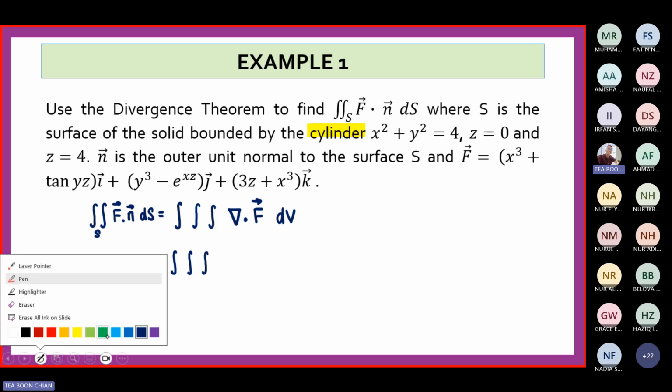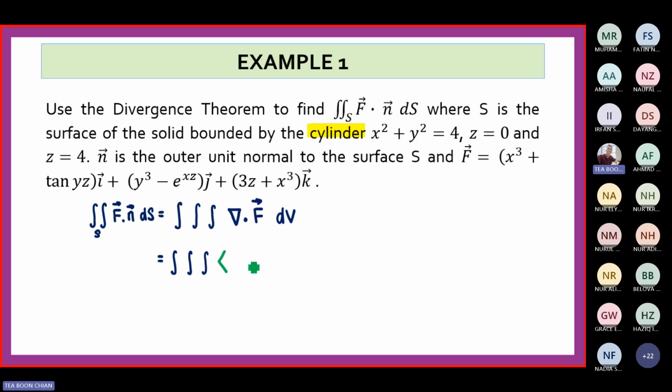Del here means the vector del over del x, del over del y, del over del z, and you dot it with the vector, this long string here: component M, x cubed plus tan yz, component N, y cubed minus e to the power xz, component P, 3z plus x cubed.